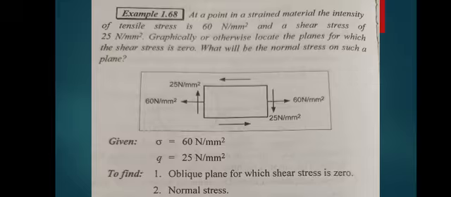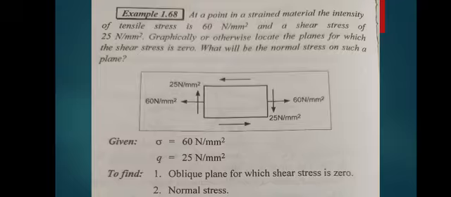They are asked to locate the planes for which the shear stress is 0. The shear stress is also known as tangential stress. So the tangential stress on the plane is 0. Then we have to find out the normal stress on such a plane.